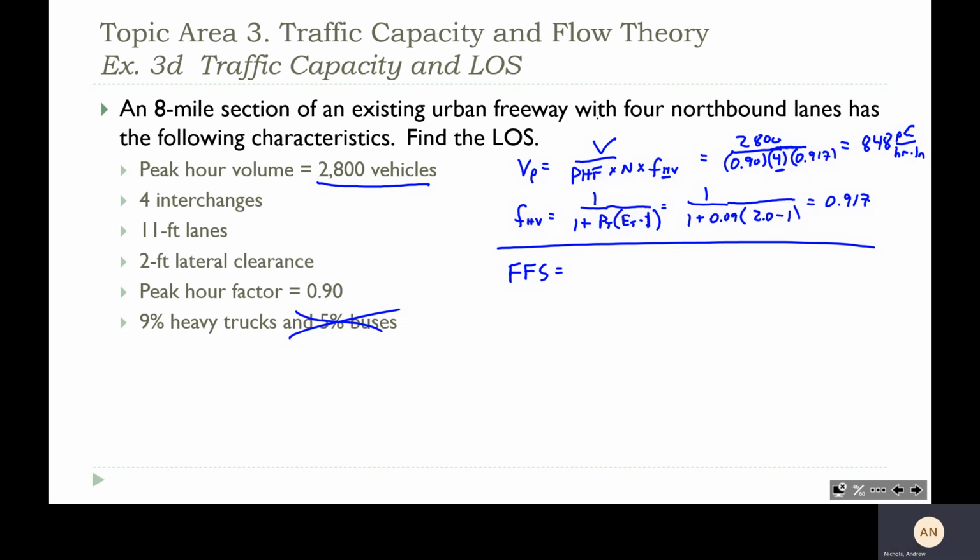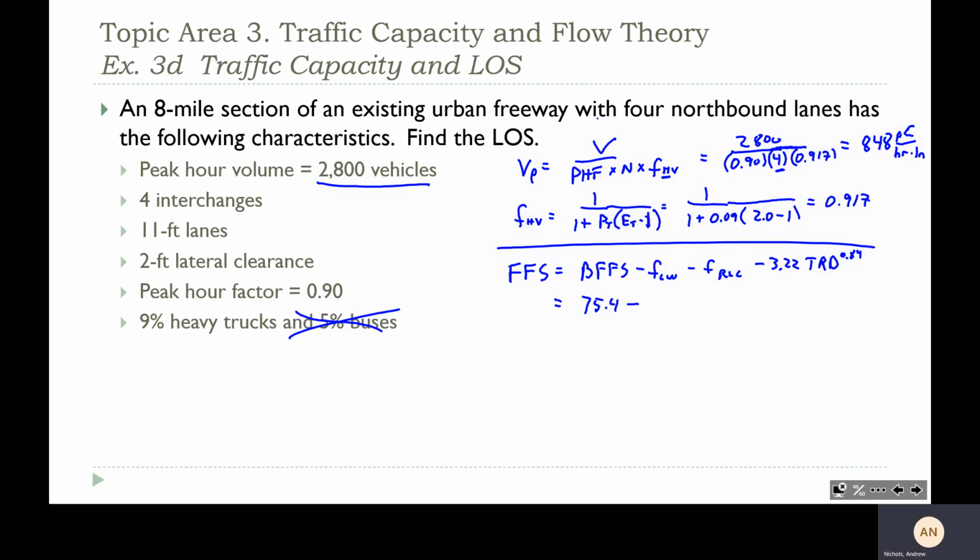We're not given a free flow speed, so we will use the equation, which is base free flow speed minus FLW minus FRLC minus 3.22 TRD to the 0.84 power. This is on page 303. The default value for the base free flow speed is 75.4.